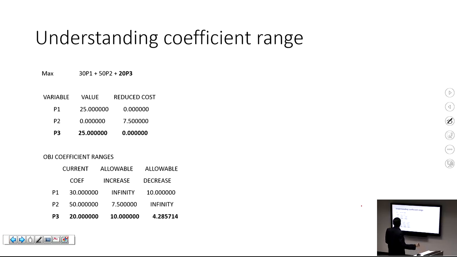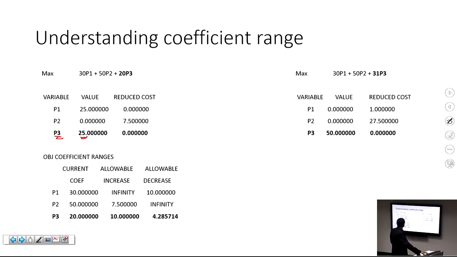So one more example of the coefficient range. Now I'm going to focus on the third product. At the moment you are making this many. If you wanted to make more of this, they need to pay you extra money. So how much more? Allowable increase is 10.